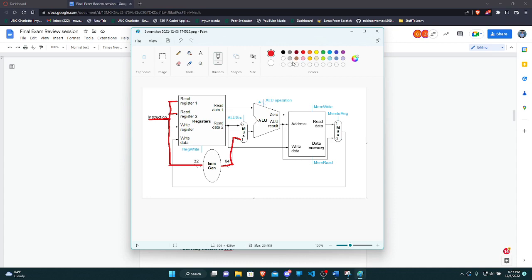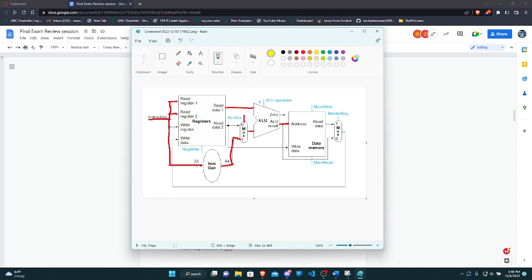You have the arithmetic for solving the address, and you have the actual writing to memory. What's going to happen in the ALU is what you store, and we're adding the immediate, so that's going to be right here. We're adding this to get our address, which will go out of our ALU result into address.